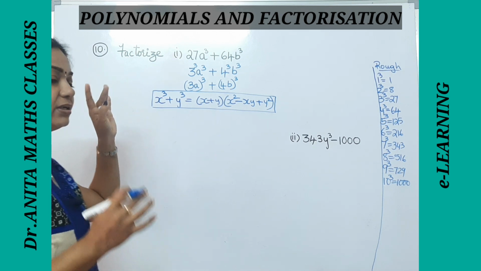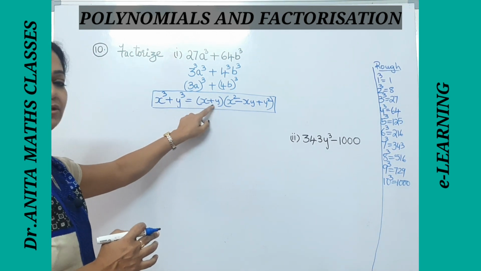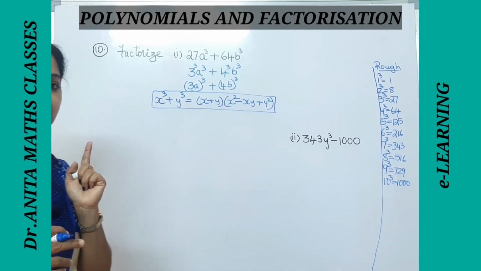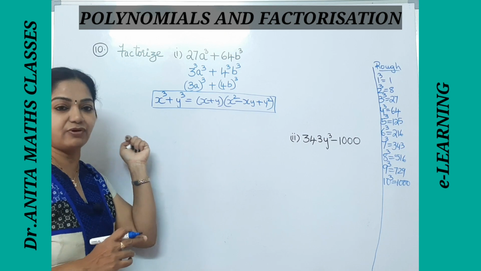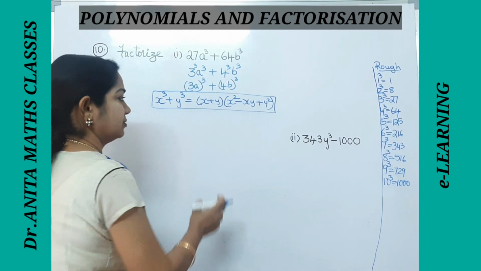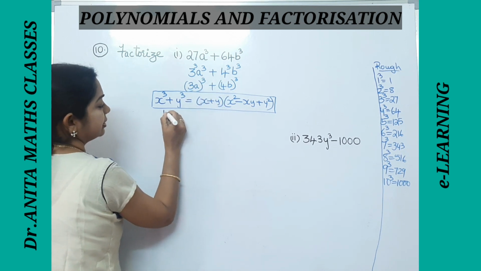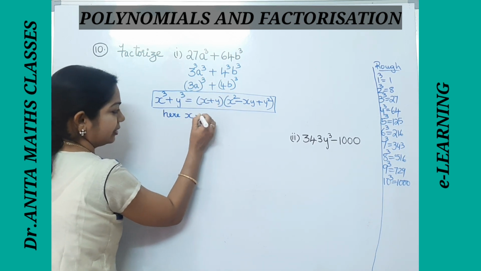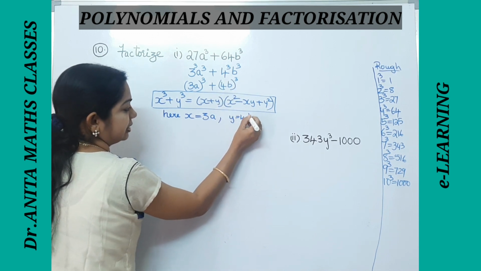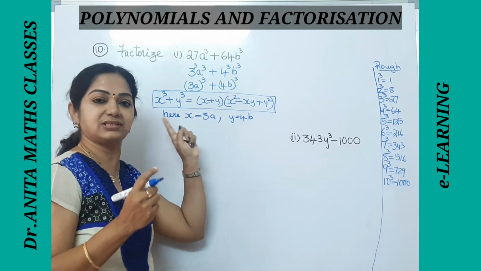To memorize this: here plus is there, so you start with plus, whereas inside you have to keep one minus. In the minus formula, start with minus and the rest are plus. So this result we will be using. Now our x value is 3a and y value is 4b. Clearly see that x is one term but it has two terms, 3 and a.